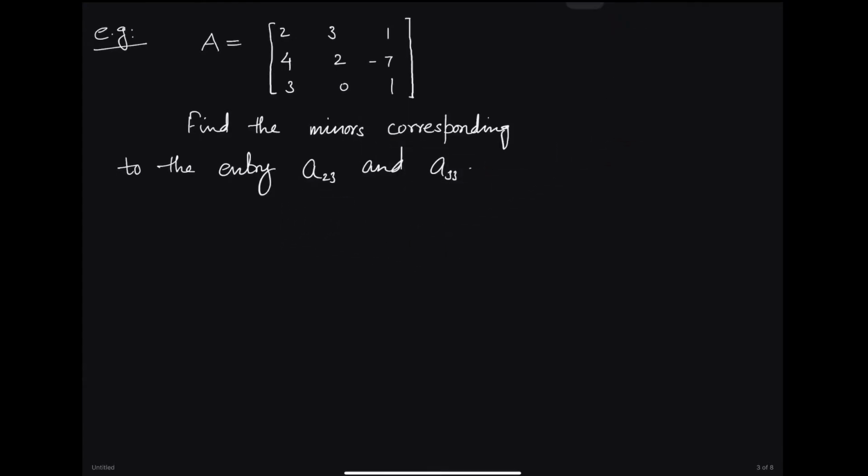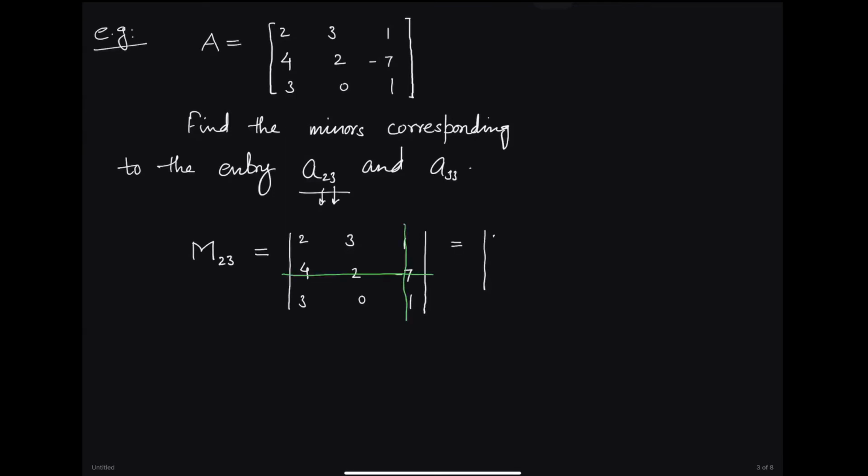For M23, we need the entry in the second row and third column, so just delete the second row and third column.